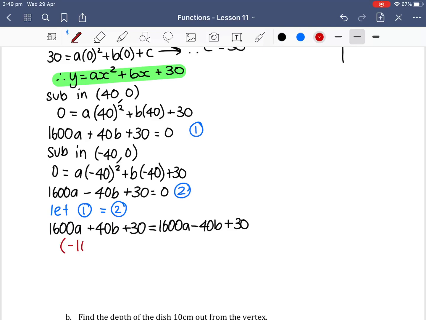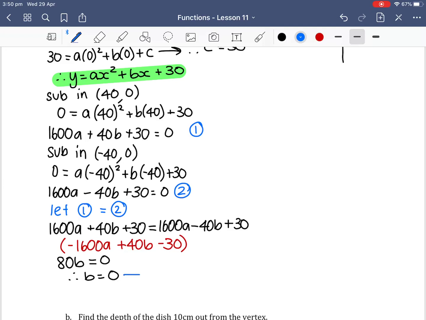We're going to minus 1,600a, plus 40b, and minus 30 to both sides of the equation. So 1,600a minus 1,600a cancels out. 40b plus 40b makes 80b, and 30 minus 30 is 0, and this all equals 0. So therefore, because 80b equals 0, b will equal 0.